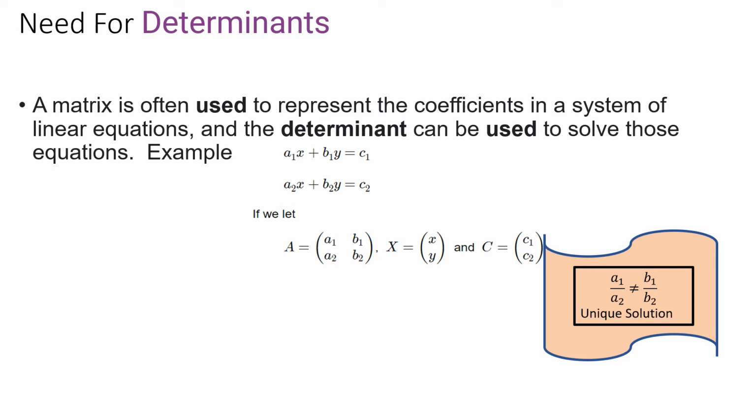We can represent these in the form of matrices also: the coefficient matrix A with entries a1, b1, a2, b2, then the matrix of variables X, Y, and the matrix C, which is the matrix of constants. If you want to solve these kinds of equations, you need determinants. Here is the need for determinants.